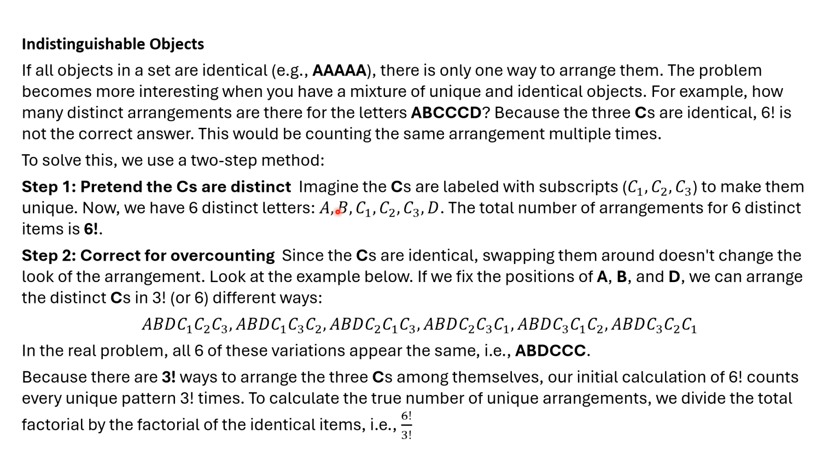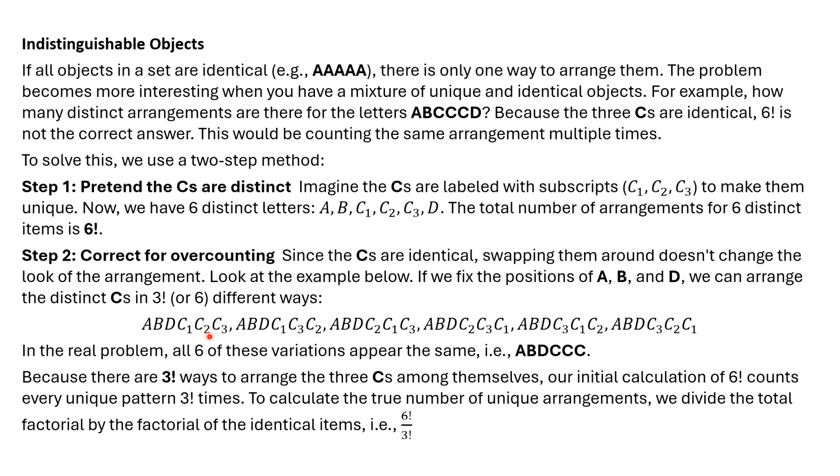Then what we need to do is correct for the overcounting. Since the C's are identical, swapping them around doesn't change the look of a particular arrangement. So look at the example below. If we fix A, B, and D as shown here, the distinct C's have 3 factorial different combinations.